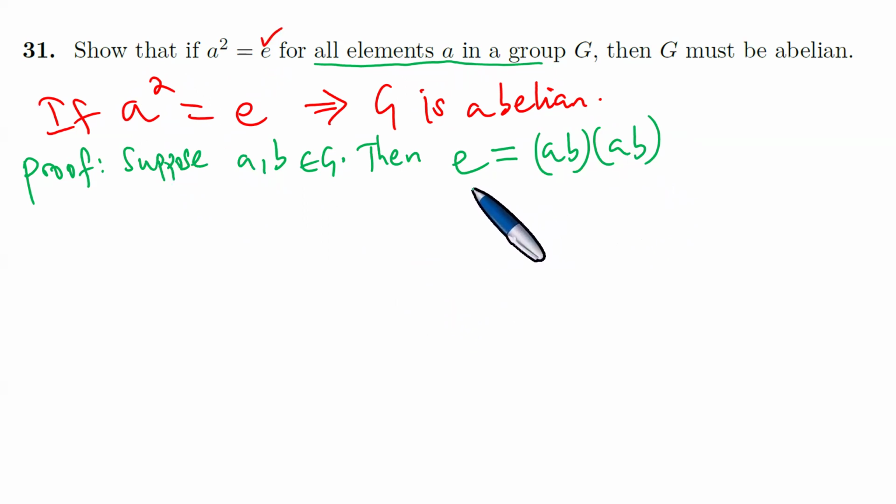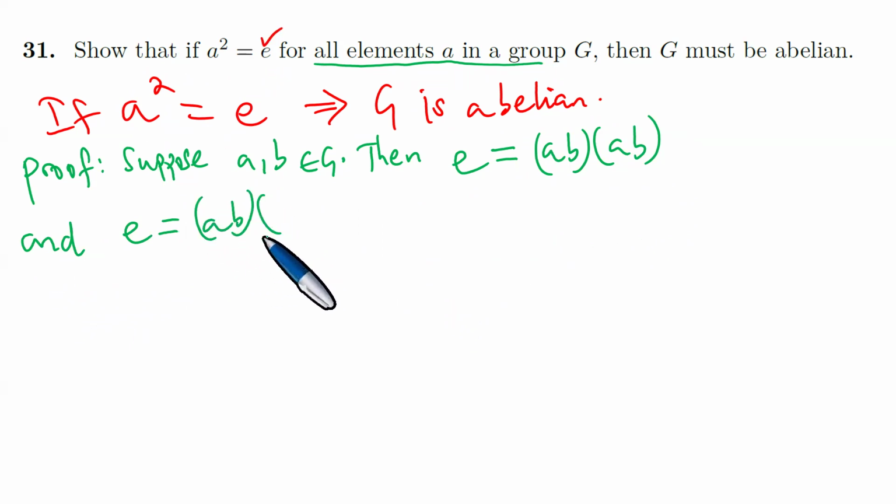But not only this, we can also have, for instance, AB like this, and then BA like this.